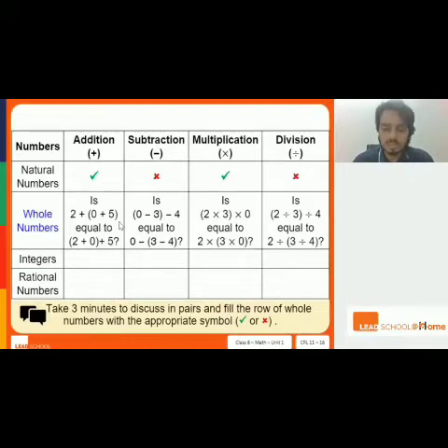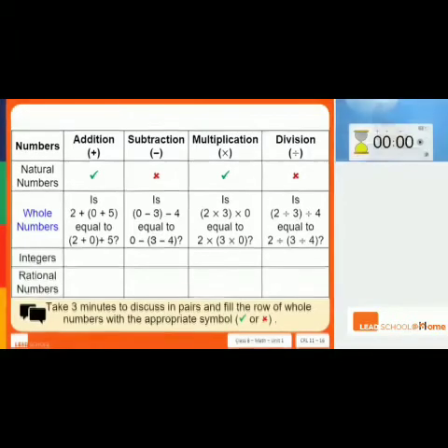You have 3 minutes to do this. You have to first find the result of these expressions and then see if they are equal or not. You have 3 minutes to do this now, okay? And your time starts now.